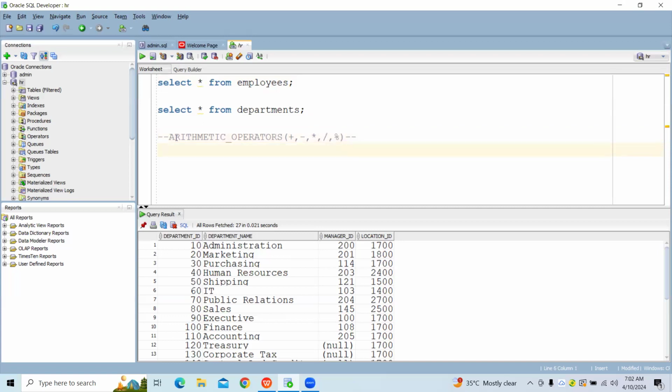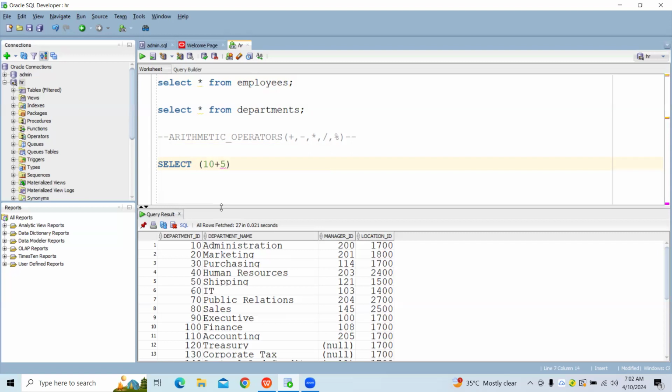Now we'll go for writing a query for each of the arithmetic operators. Whatever operation we are performing, we'll always write our query starting with the select keyword. Here also I'm starting with the select keyword. After it, I want to perform addition between 10 and 5. I'll write that like 10 plus 5.